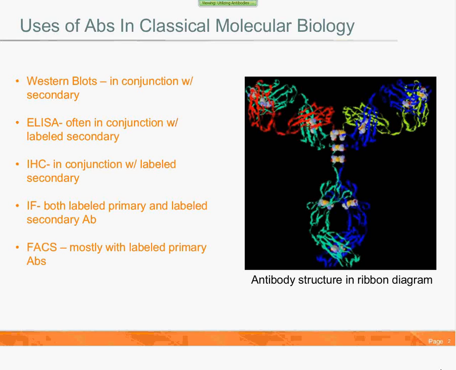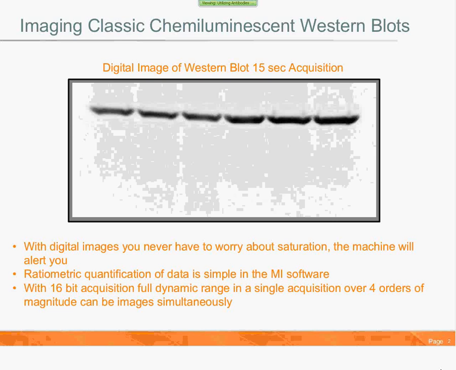A digital imaging system, such as our Imaging 4000 Pro, can be used for looking at protein expression via Western blot. One of the nice things about digital imaging versus classical film is that you don't have to worry about saturation. The software and camera will alert you if a pixel has actually become saturated.